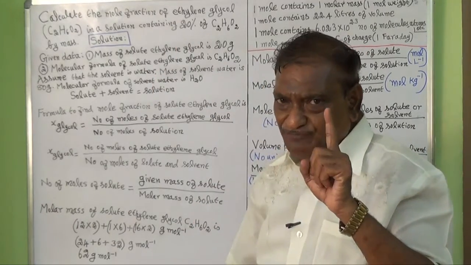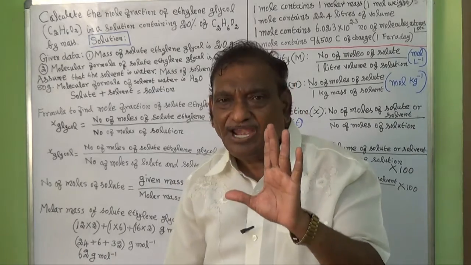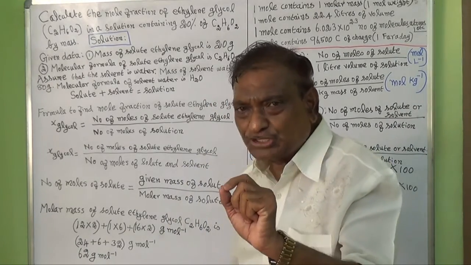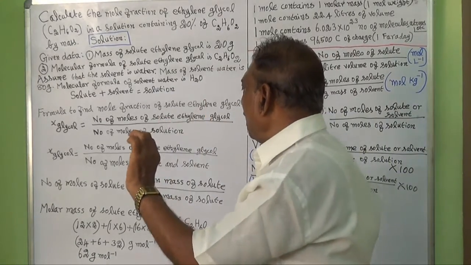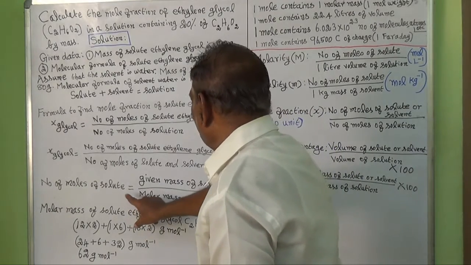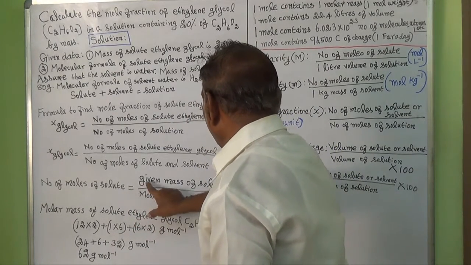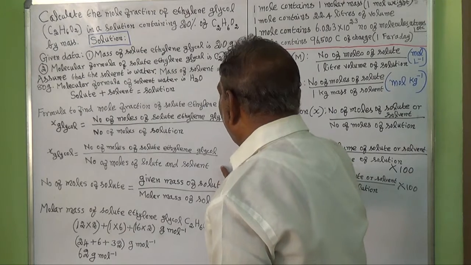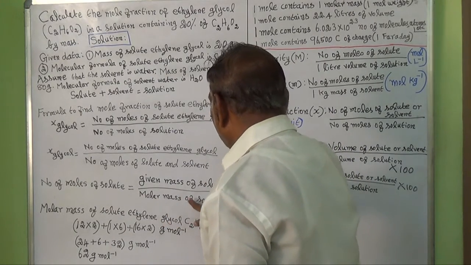From these two pieces of information, we can find the number of moles applying the formula: number of moles of solute equals given mass of solute by molar mass of the solute.